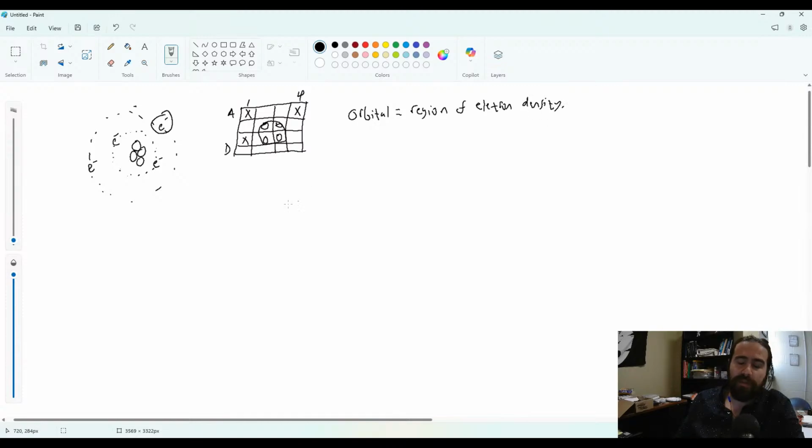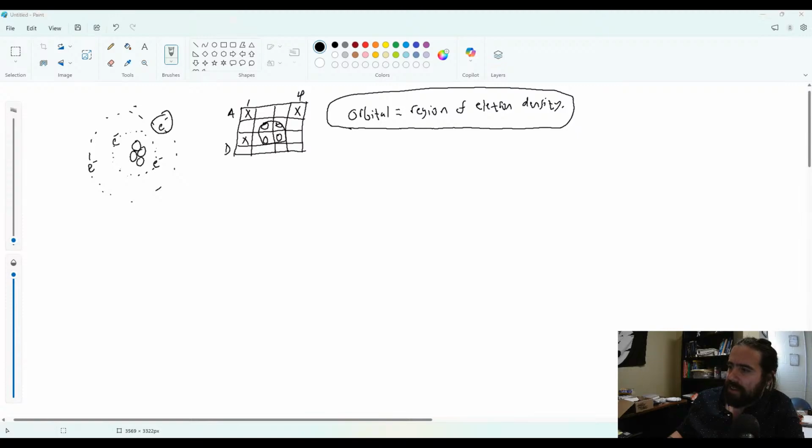Again, this is just a location where you're likely to find an electron. These regions can take different shapes depending on how far away the electrons are from the nucleus and on a whole host of other factors, some of which we're going to cover today. But first, I want to emphasize what an orbital is: a region of electron density, a spot where you're likely to find an electron. Okay, so that's the first big concept here.